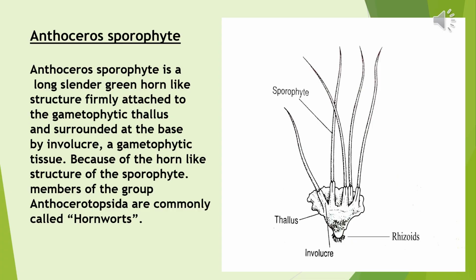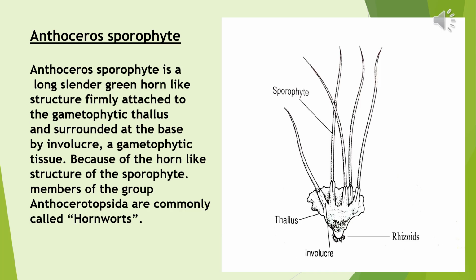Our next topic is Anthoceros sporophyte. On one side is the diagram of Anthoceros. You can see that the long, slender sporophyte is arising from the gametophytic thallus, which is at the base. The base of the sporophyte is partly covered by the involucre. This involucre is a gametophytic structure.